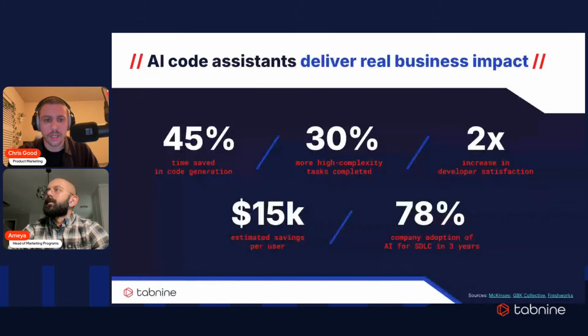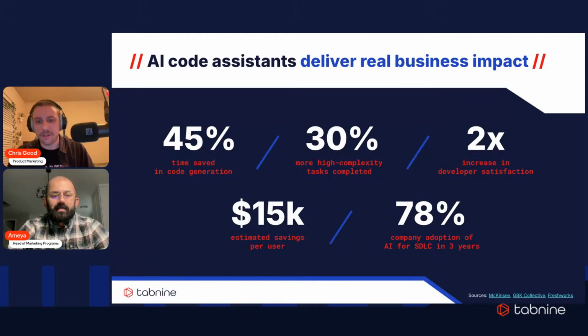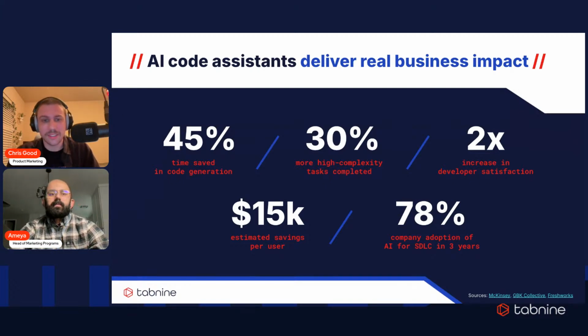Let's go over some baseline stats first to really understand the impact AI code assistants are delivering. AI code assistants like Tabnine have proven to have a significant impact on developer productivity, engineering velocity, and employee satisfaction. Here are a few statistics from independent studies.